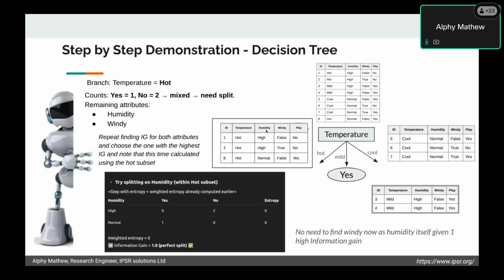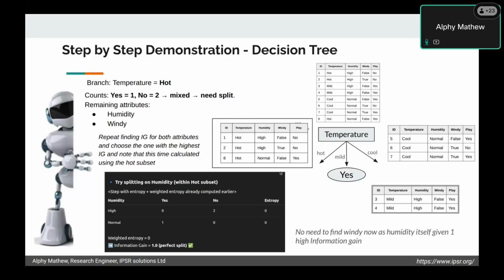Okay, when we find the entropy of humidity, we can see that the information gain will be pointed to 1. That is the highest value. In such cases, we do not want to find it for windy because humidity itself is a high value.